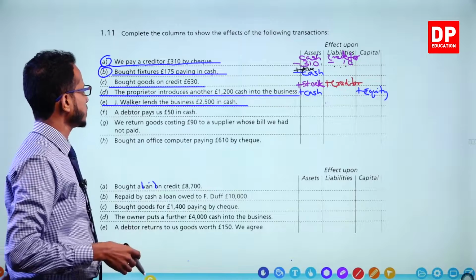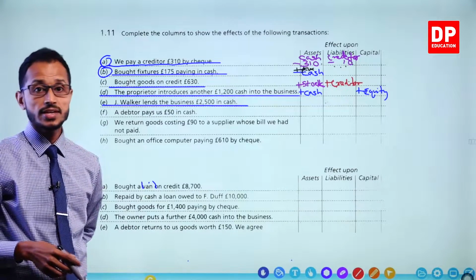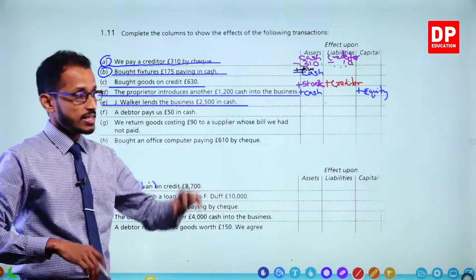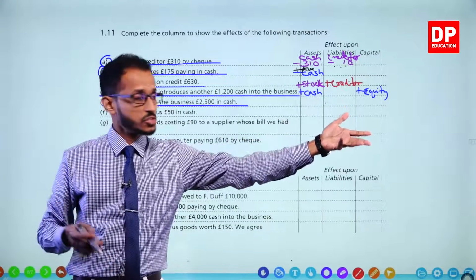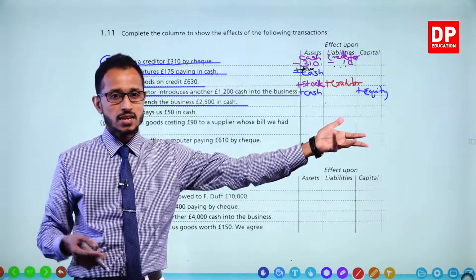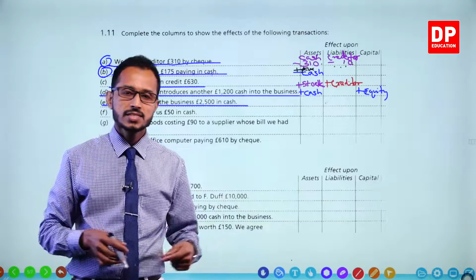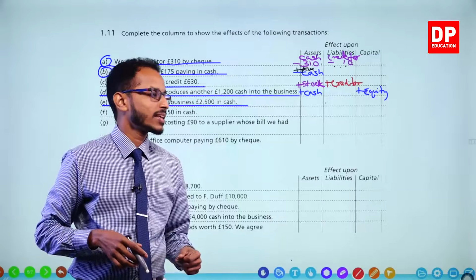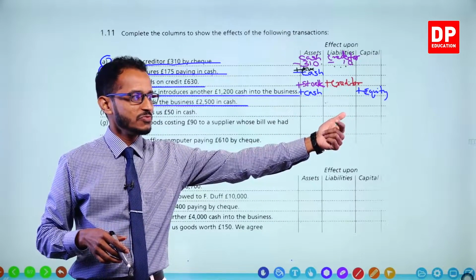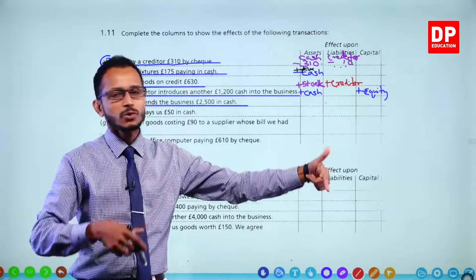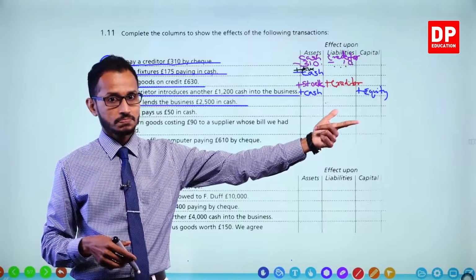J. Walker lends the business 2,500 in cash. That is a person, maybe a lender, you know, those people, we borrow money from a lender.